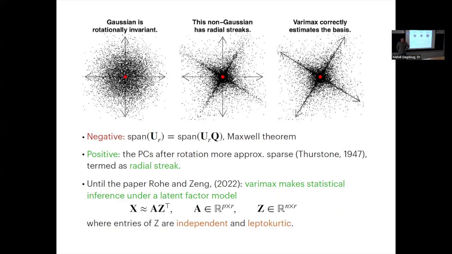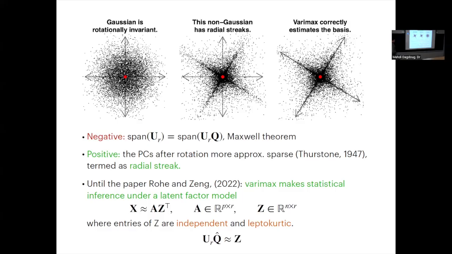One, all the entries must be independent. Two, the distribution of Z is leptokurtic. Later, I'm going to give you the definition of leptokurtic. At this point, you just need to know that as long as Z is not Gaussian, this rotation makes sense. And this doesn't really contradict what we gave before. So this is the first paper that answered the question that varimax does make statistical sense under this type of model.